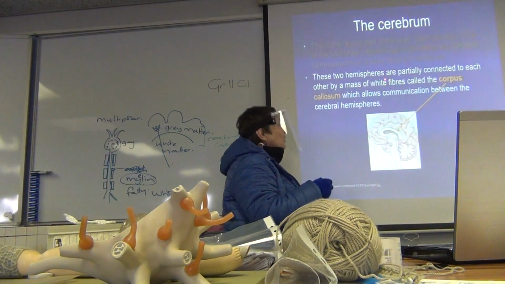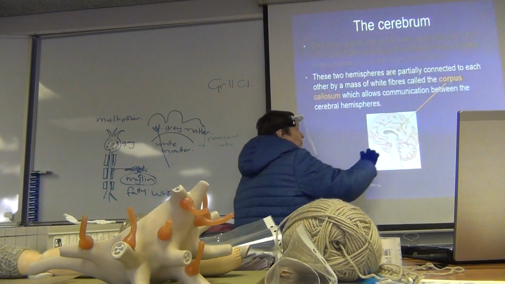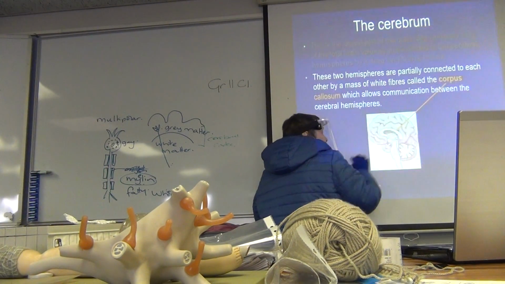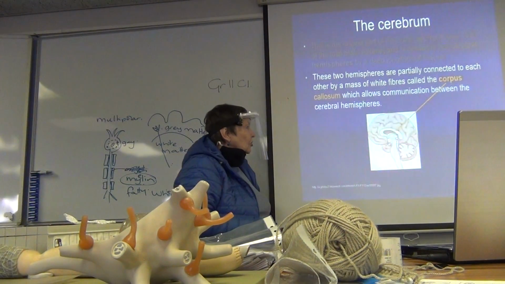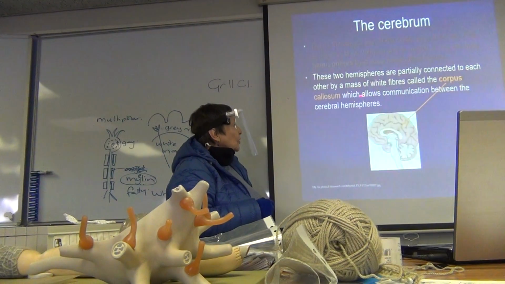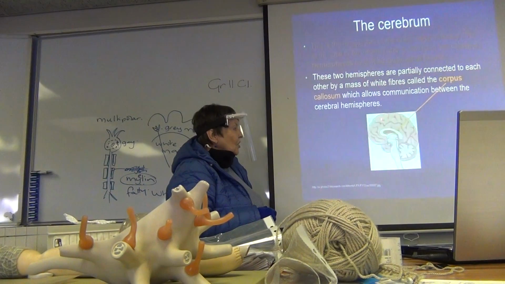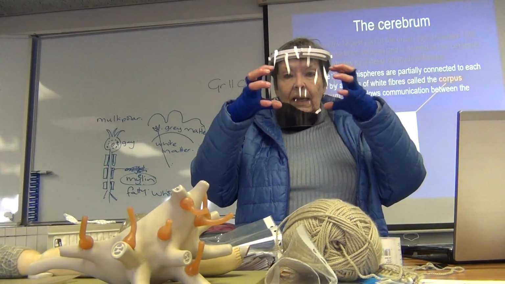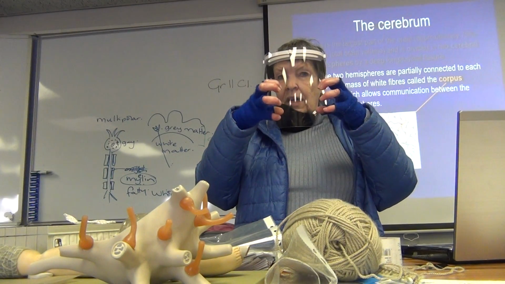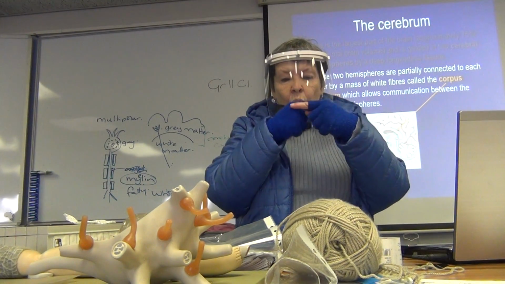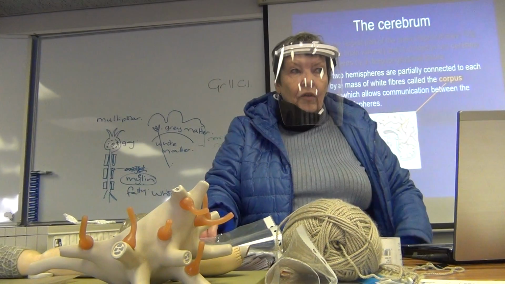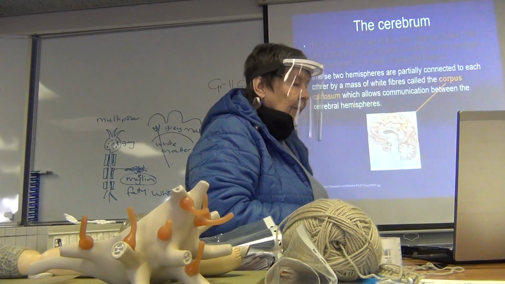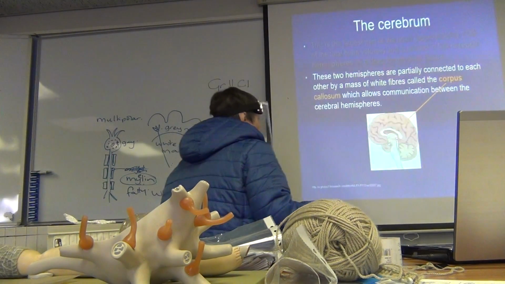That band of white fibers, this sickle shape, is called the corpus callosum, and that allows communication between the two cerebral hemispheres. So the two cerebral hemispheres really function independently of each other, except where the nerve fibers cross over at the corpus callosum.